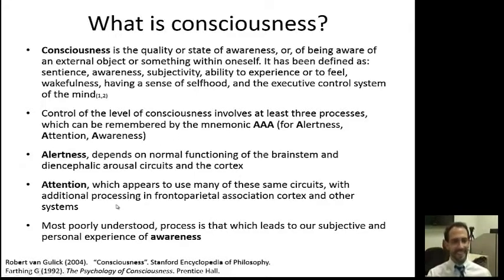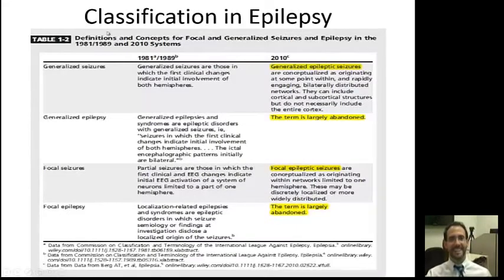So for the next slide, classification in epilepsy, I think we should start with that. Things have changed over time. Back in 1981, 1989, seizures in general were called generalized seizures or generalized epilepsy, focal seizures, focal epilepsy.